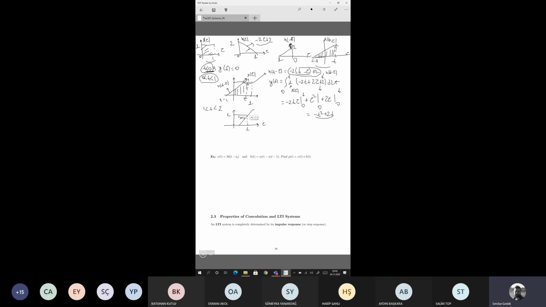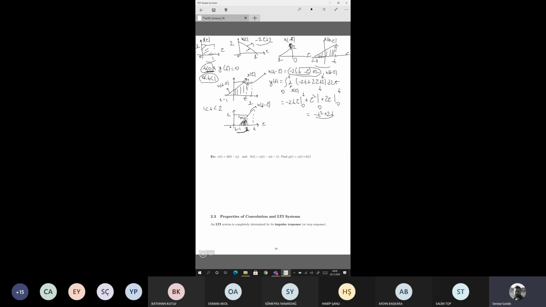And this is my h of t minus tau. So it is t here, t minus 1 here. I'm shifting the h of t minus tau gradually to the right. If t is in the interval 1 to 2, then t minus 1 is in the interval from 0 to 1. So this is my main intersection of x of tau and h of t minus tau.